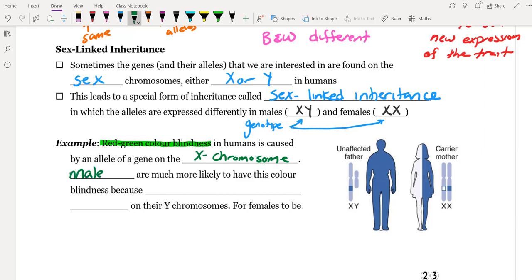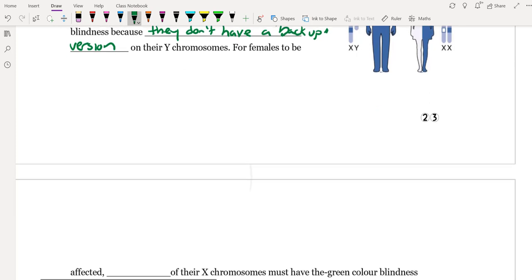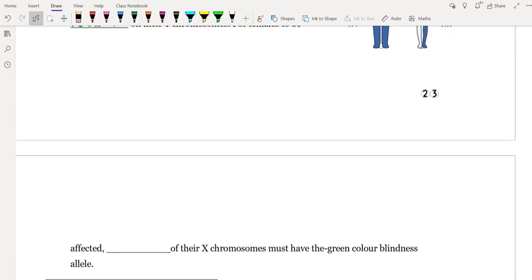Males are much more likely to have this color blindness because they don't have a backup version on their Y chromosome. For females to be affected, both of their X chromosomes must have the color blindness allele, right?